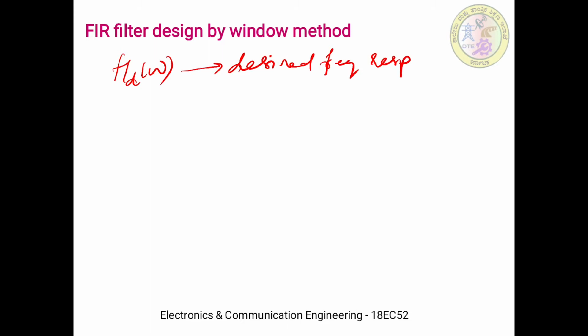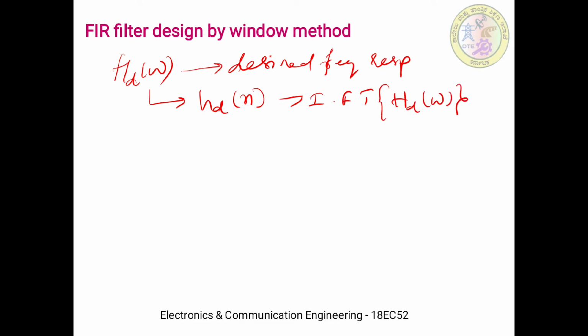Then we find the corresponding unit sample response HD of n. For this HD of omega, we need to find HD of n, where HD of n is nothing but the inverse Fourier transform of HD of omega.